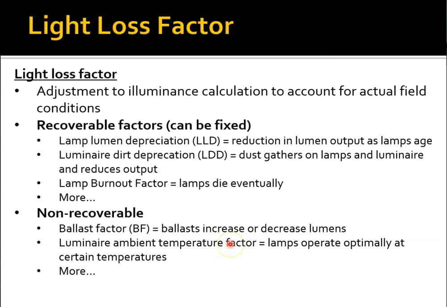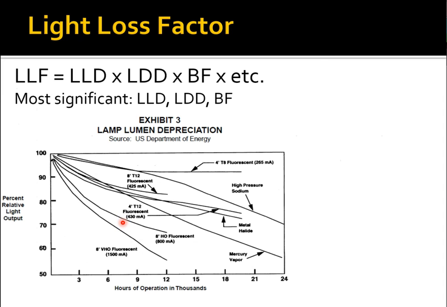And then there's the ambient temperature that it operates under. Again, that's not a property of the lamp. That's not within your area of control. So those are non-recoverable factors, ones that are not lamp-based. There's more than this as well, so we'll stick to the main ones: lamp lumen depreciation, luminaire dirt depreciation, and then ballast factor.